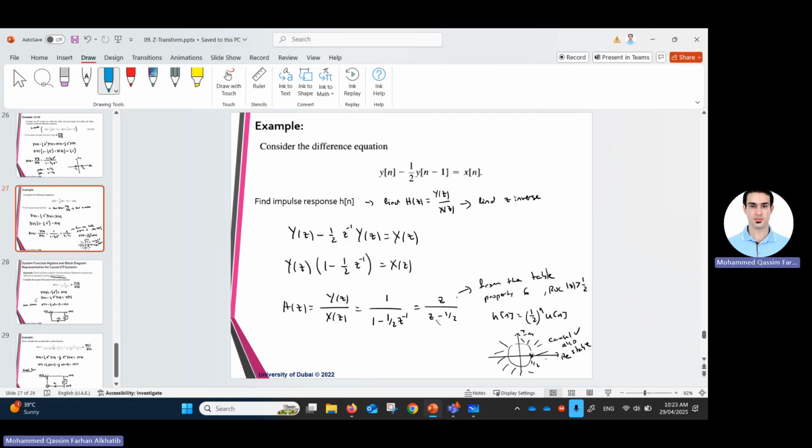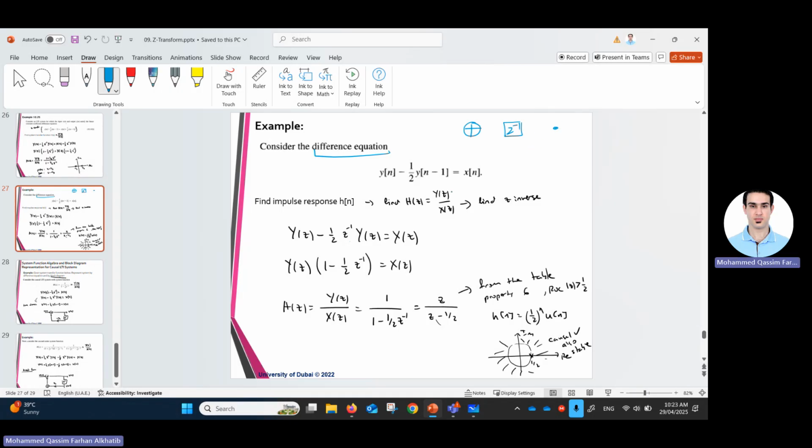Another important thing about difference equations is that they could be represented by a block diagram. For the elements of the block diagram, we have an adder and we have a delay unit. That's how we symbolize a delay unit. Because y of n minus 1 at the transformation is z to the negative 1. And we have the node and so on.